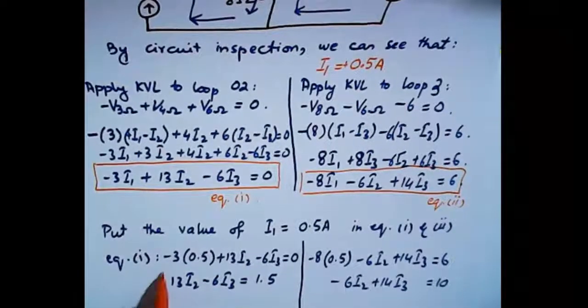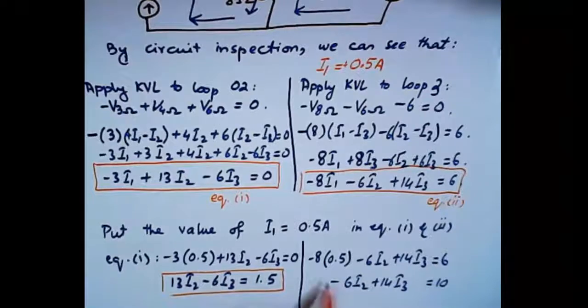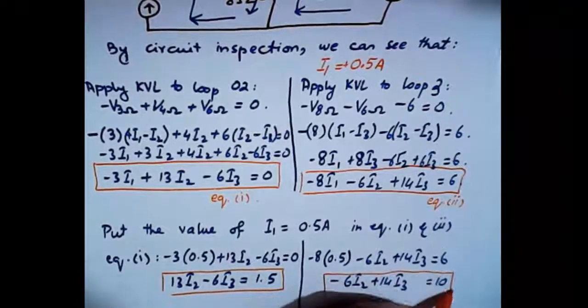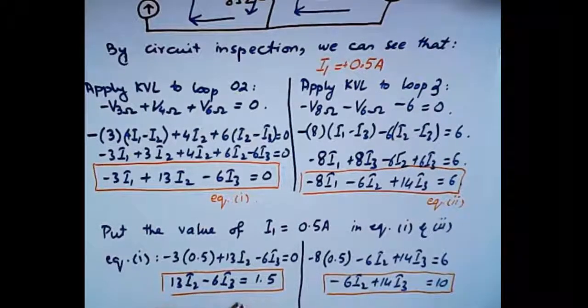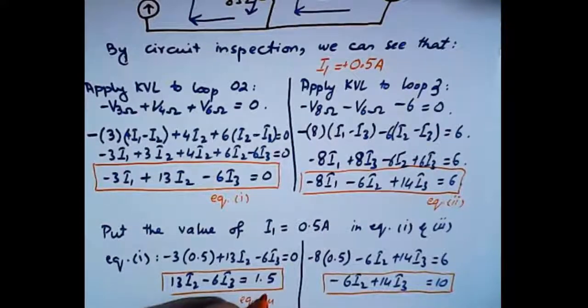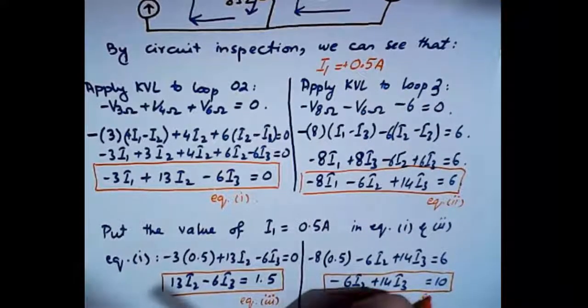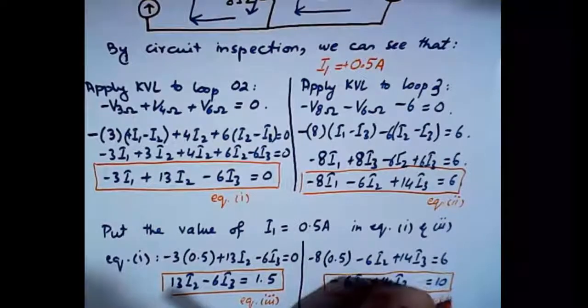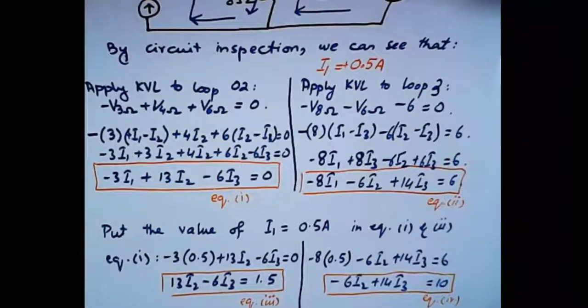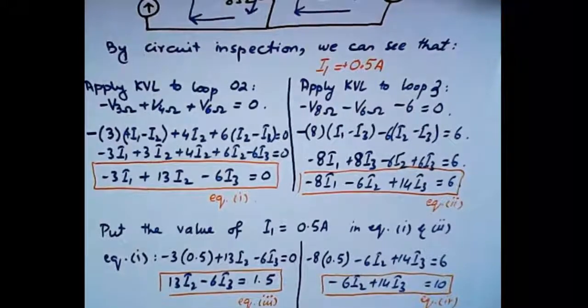So here you can see that we have got two equations. We can name them as equation 3 and equation 4, and these are the two equations with two unknowns.